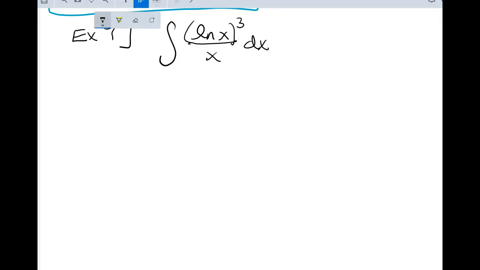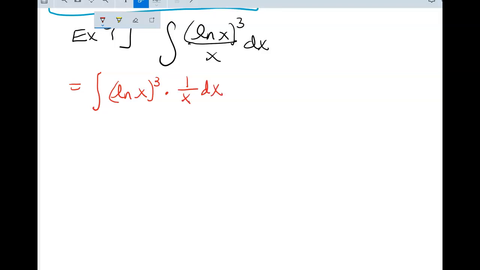Now, it might be a little bit more obvious to do if we separate things. So rewriting this integral, if we move that natural log of x outside of the fraction, we would have the natural log of x raised to the third power times 1 over x dx.